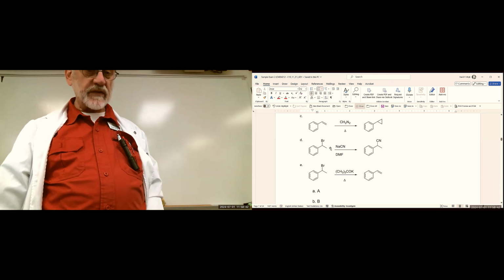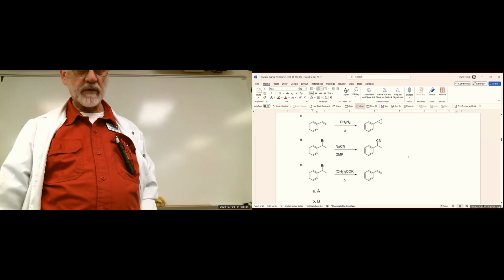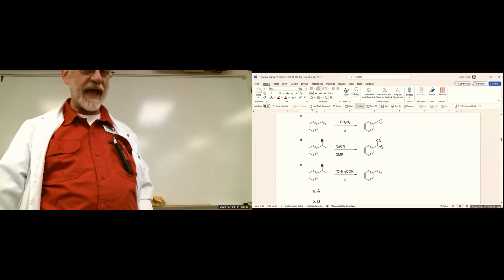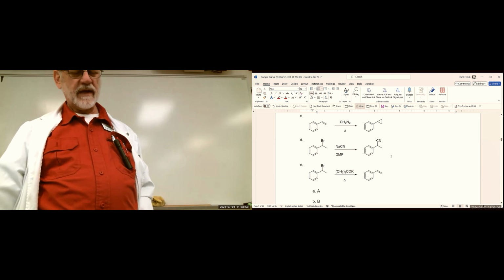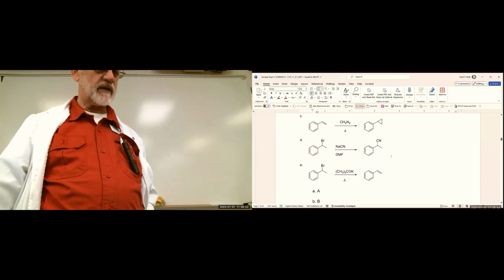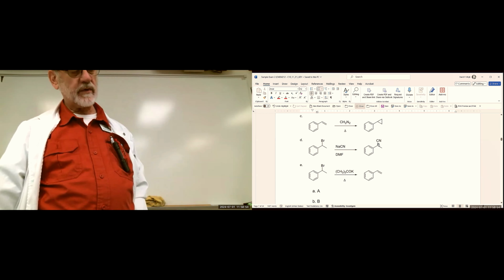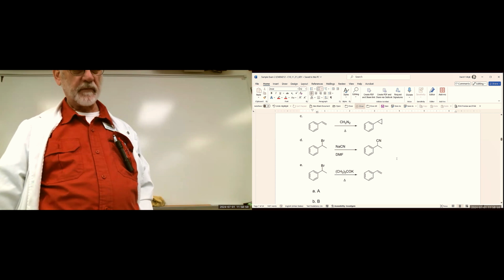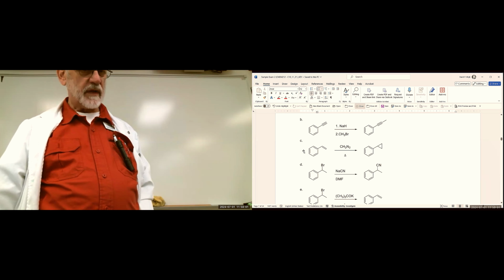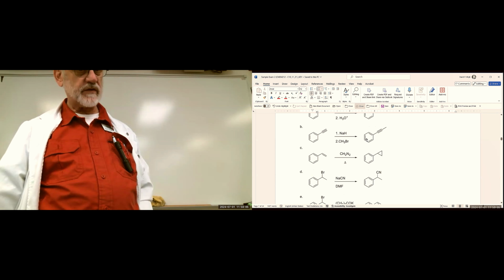Okay. So D is not a functional group conversion because we're adding a carbon to the skeleton. That's what threw me. I said, wait a minute, we're changing a cyanide and a bromide. No, but we've added a carbon bond to it. So D is not a conversion. C is not a conversion. We've changed the carbon skeleton, and B changes the carbon skeleton.